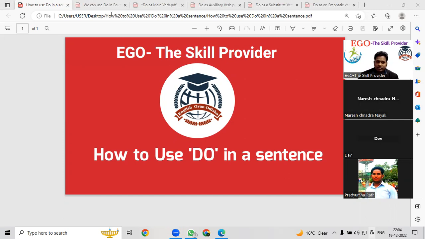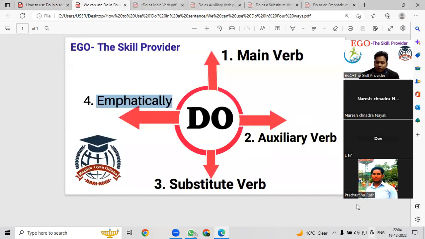Here is the screen before you. What you can see, my friends, you can check it out. The do verb can be used in different situations. There are so many different situations where you can use do. So what are the situations?